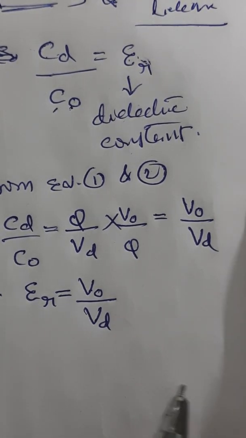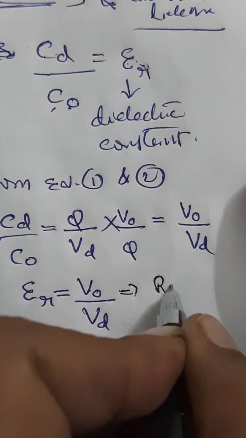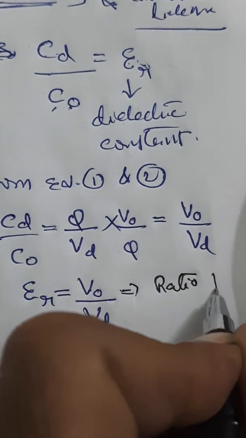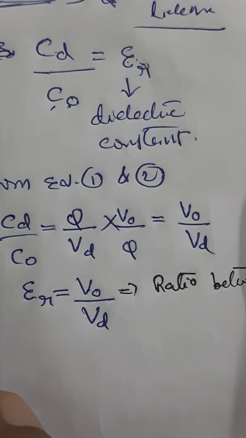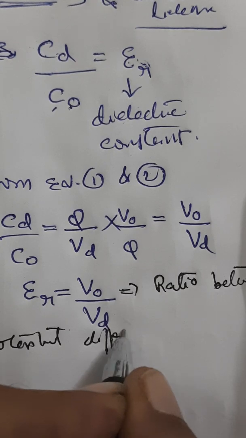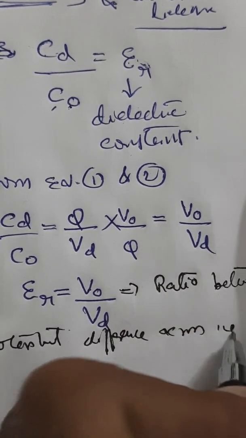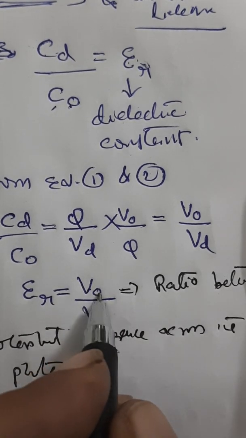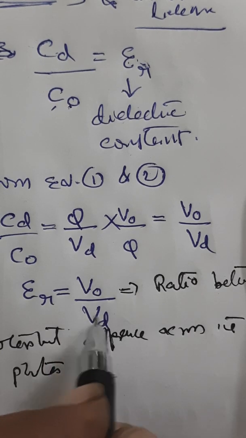So therefore, how do we represent this? This is nothing but the ratio between potential differences across the plates with air medium to potential difference with dielectric medium.